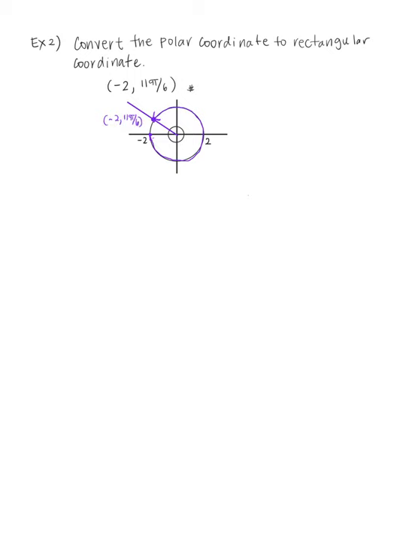Now we want to convert that in terms of a rectangular coordinate system, which is x comma y. So what do we do? We're going to have to use that conversion formula, so let's do it. Our x is r cosine of theta, and y is r sine of theta. Let's work with the x first.